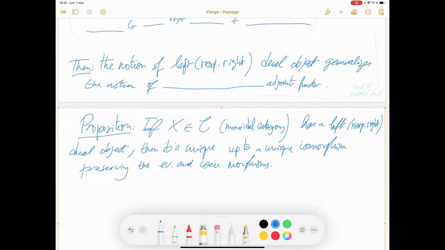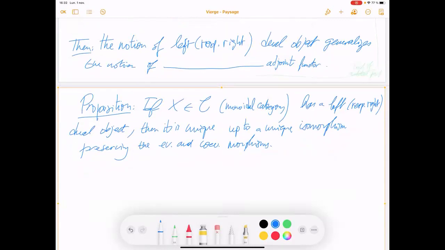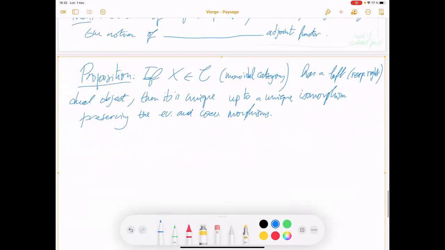In a monoidal category, if the left inverse exists, then it is unique up to isomorphism. But in a monoid, this isomorphism should be the identity. But anyway, at least for groups, it's okay. So, proof of that.